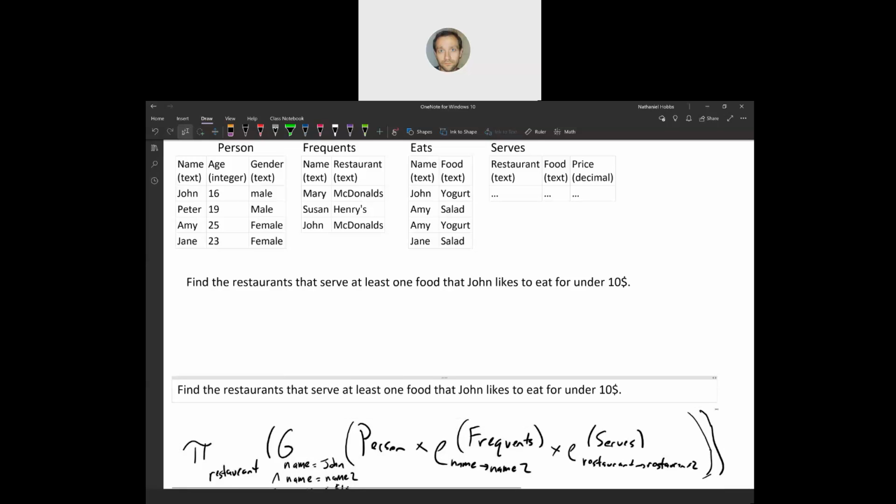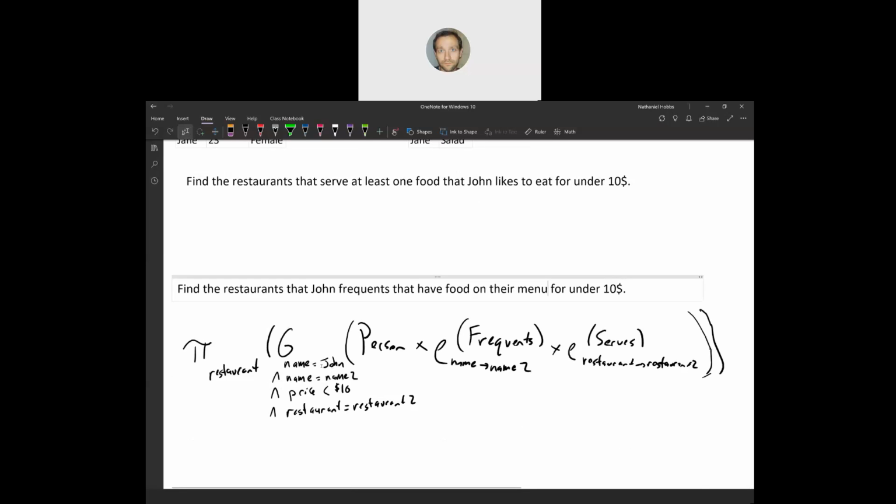What this query would return is: find the restaurants that John frequents that serve at least one food John likes, that have food on their menu for under $10.